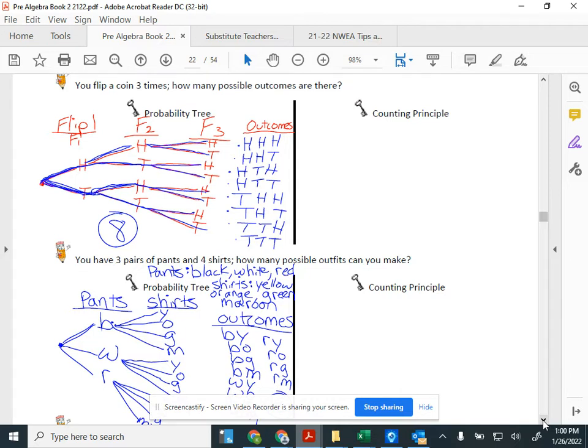Counting principle, we're doing the same 3 coins. Over on this side, we're going to say number of outcomes. And then we're going to label them: flip 1, flip 2, flip 3.